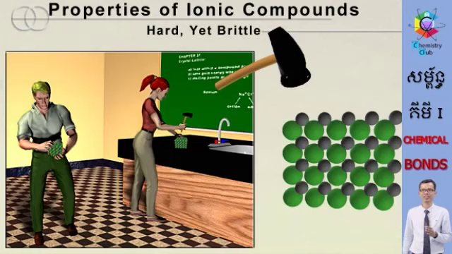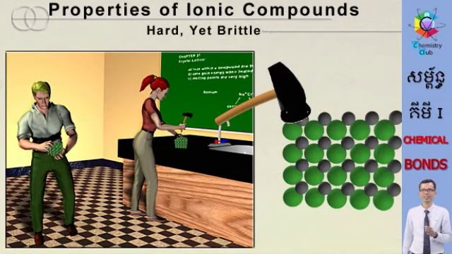The crystal lattice also gives ionic compounds their properties of being hard but brittle. Again, the bonds between the cations and anions are very strong. Therefore, ionic compounds are difficult to crush and are not very flexible. However, if struck in a certain way, ionic compounds can fracture, shattering in a particular manner.